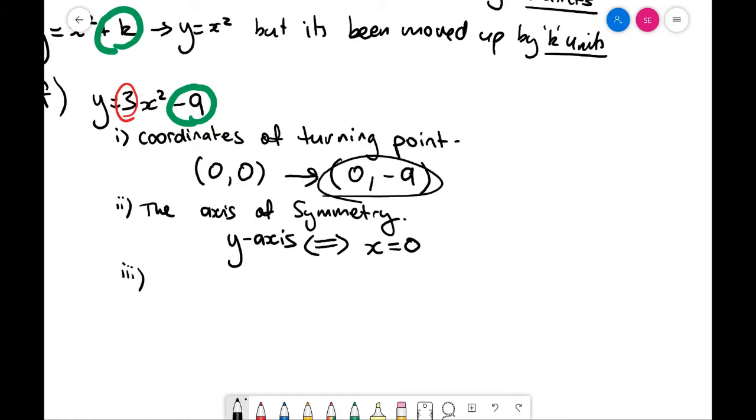Now the third thing we need to find is the x-intercepts, if there are any. Now to find the x-intercepts, we did this earlier with linear equations. We want to find where it crosses the x-axis. So what we do is we let y equal 0.